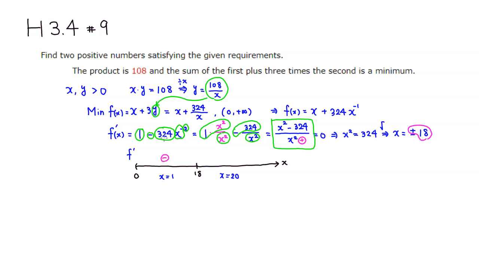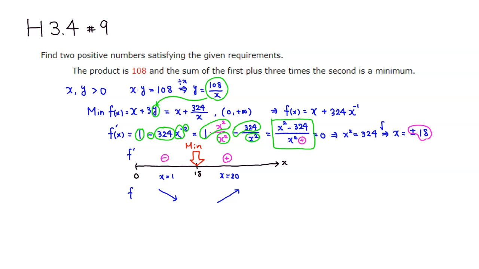And when x is 20, 20 squared is 400 minus 324, which is positive, so it's going to be positive here. So we know that according to the first derivative, our original function is going to be decreasing before 18 and then increasing after 18, right? So that guarantees that we're going to have a minimum value at x equals 18.